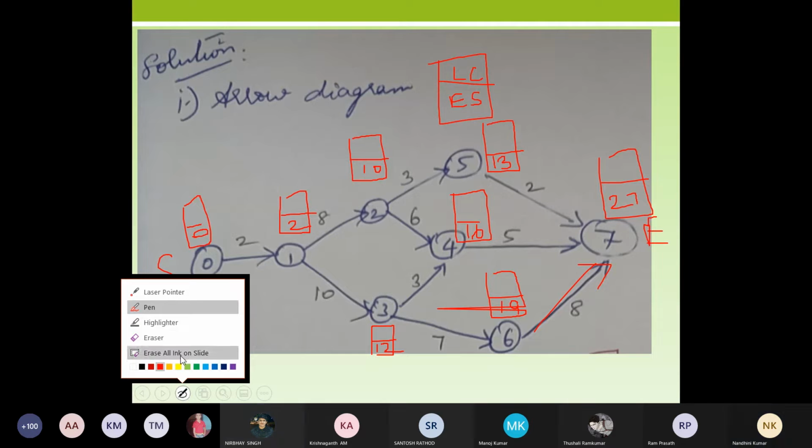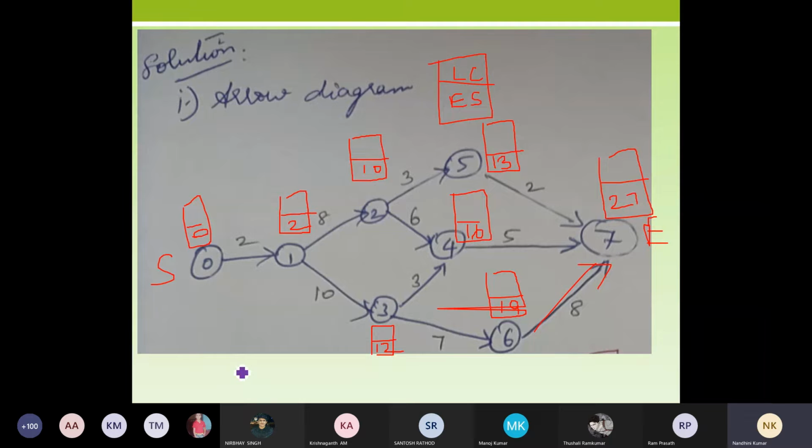I'll take a different color. You can calculate and tell me the values.